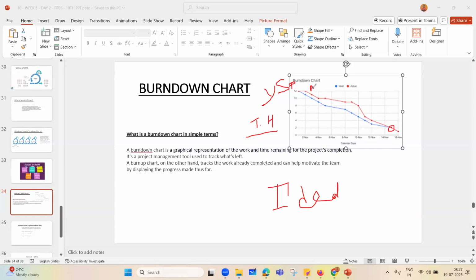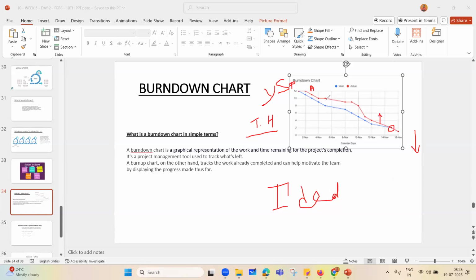One thing you need to remember: if the red line, the actual line, goes above the ideal line, it means that you are behind time, right?